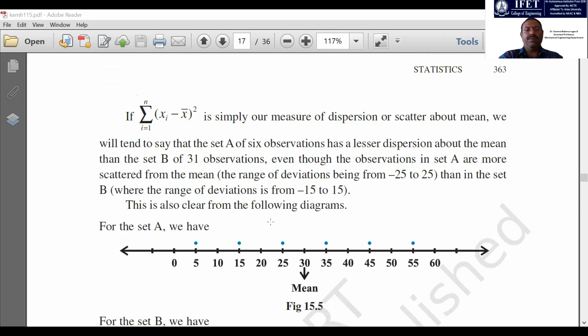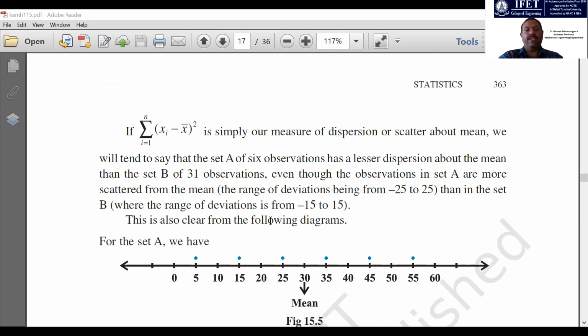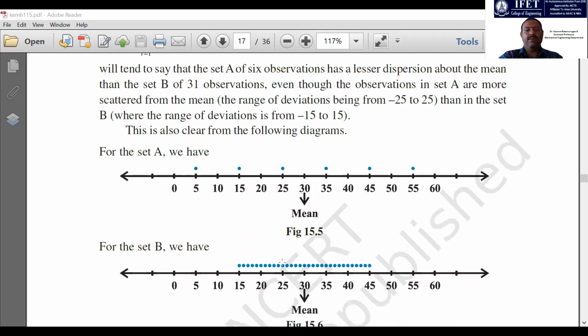That is the problem we have to identify. You can see the deviation for one set starts from -25 to 25, and here the range of deviation is from -15 to 15.